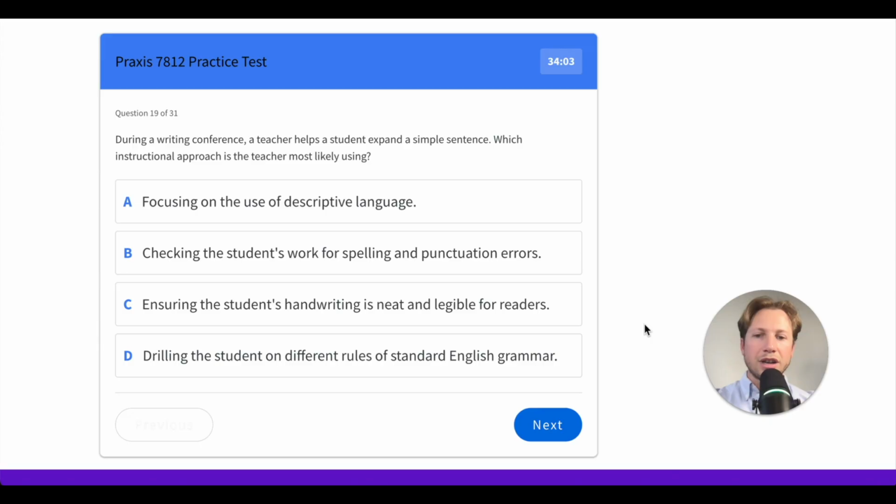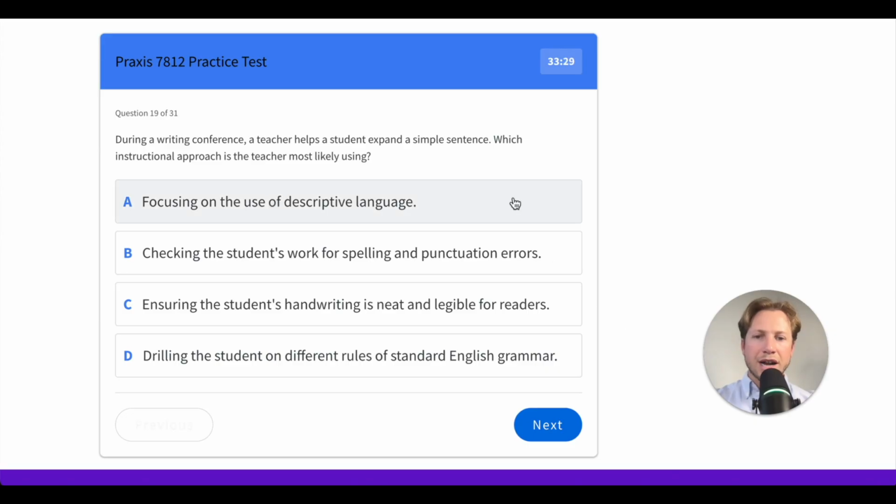This question asks, during a writing conference, a teacher helps a student expand a simple sentence. Which instructional approach is the teacher most likely using? All right.